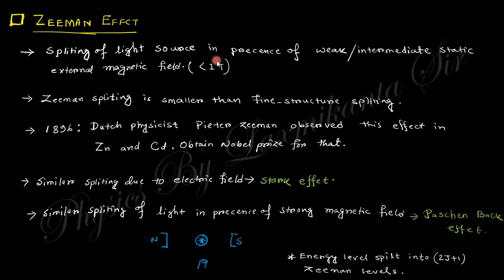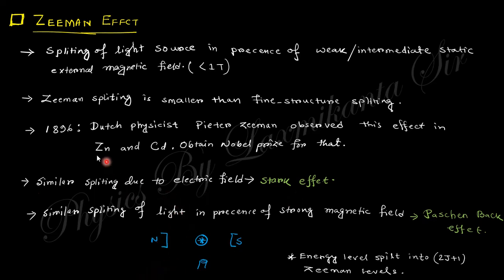That means the frequency of the light will be changed slightly. So this splitting, that means a single frequency light splitting into more than one, is called the Zeeman effect. I think that is clear. When there is no magnetic field, this source produces a single frequency light, but when we apply the magnetic field, it produces different frequencies depending upon the material.